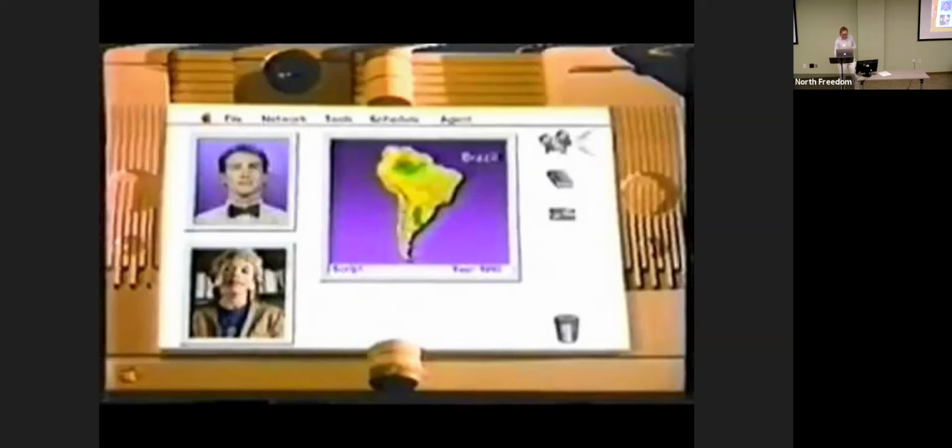Hang on. So I might need to skip through that. Just gonna pull this over.